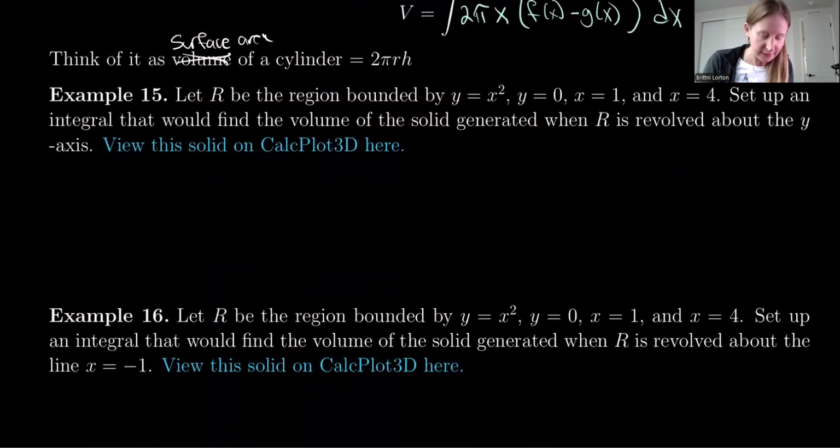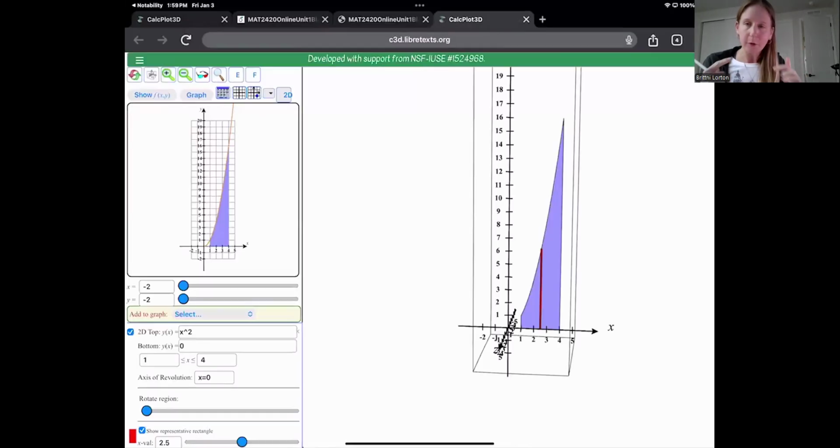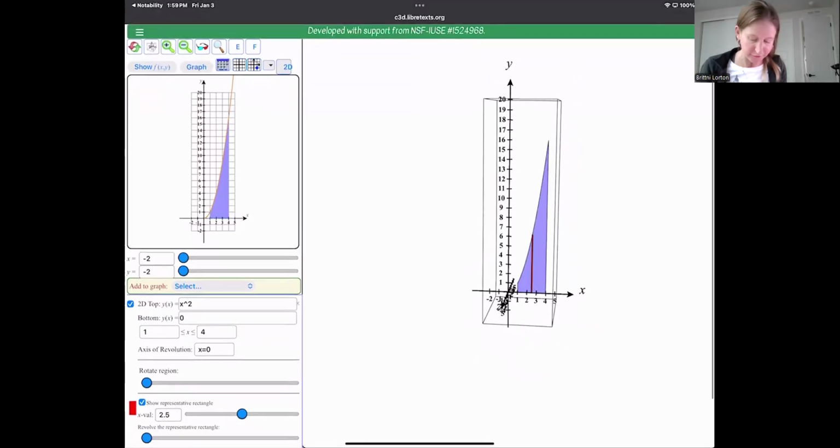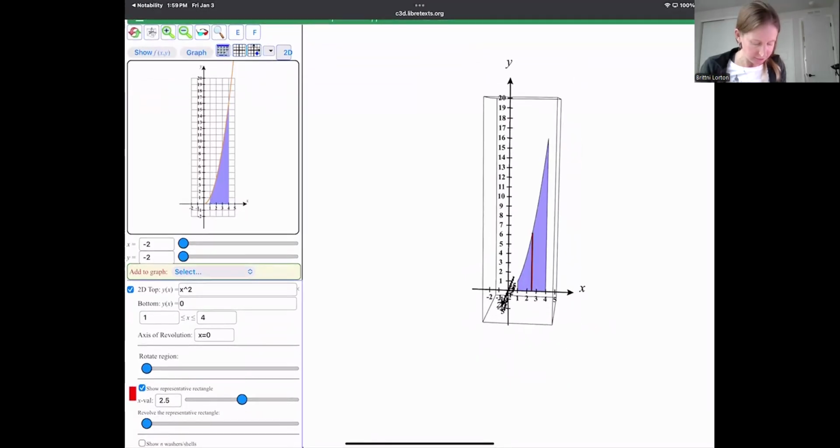Now, before I do this example, I am going to visualize that in CalcPlot 3D so you can see what it might look like. Here's an example of some shaded region there on the left in 2 dimensions, and there on the right, I'm going to do a revolution. I'm actually going to revolve that in 3 dimensions. If I start to rotate it, you can look at that little sliver that I have there, and let's just revolve that one little sliver across the y-axis.